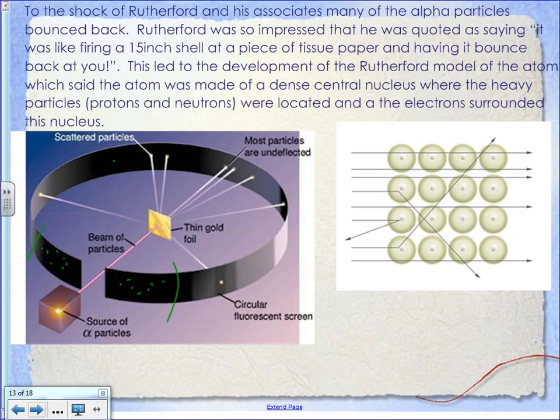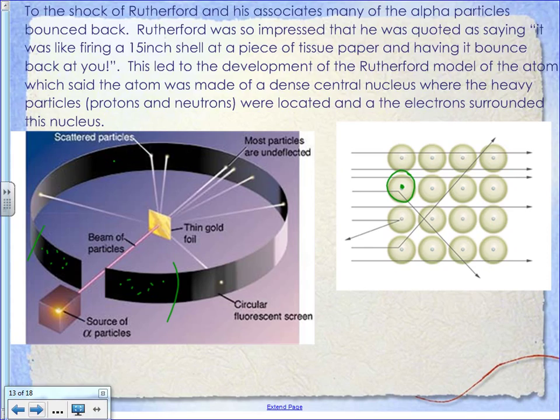So the diagram he drew is that atoms have essentially a wide area, but the nucleus is only this big. The protons and neutrons are really, really small. The electrons are even smaller, but the electrons encompass an area around the nucleus that's large. But because electrons are so small, that means the atom is mostly empty space.